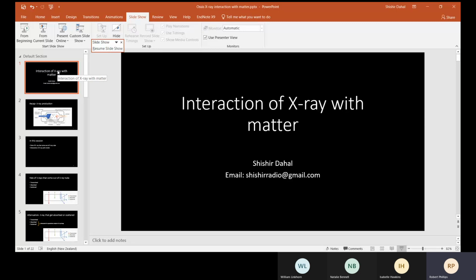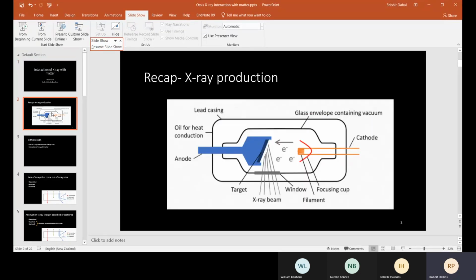So today we're going to talk about interaction of X-ray with matter. In last session, we talked about X-ray production, and we learned that X-ray is produced when the moving electron is suddenly stopped at the anode, metallic anode. And there are two types of X-rays.